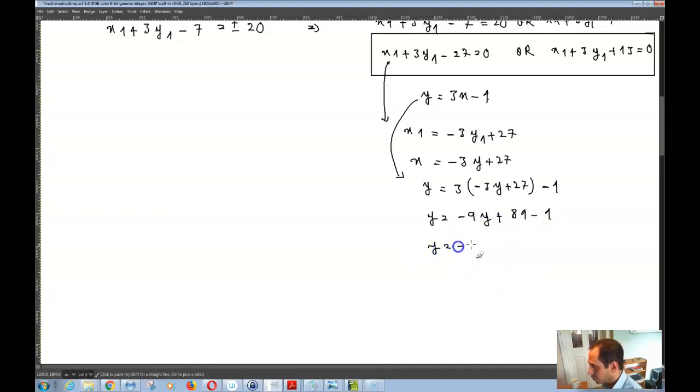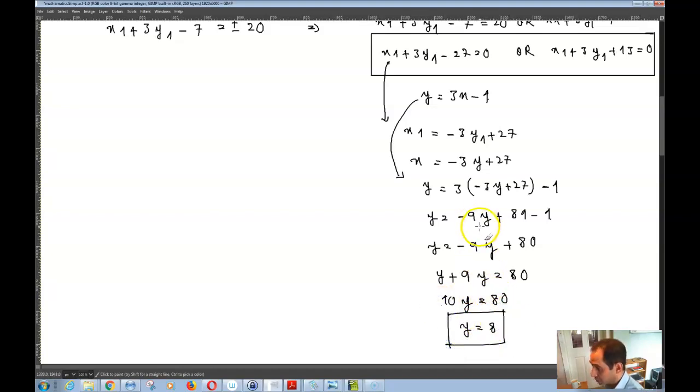So y is equal to negative 9y, and over here 81 minus 1 is equal to 80. I'll take this to the other side: y plus 9y is equal to 80. That means 10y is equal to 80, and y is equal to 80 divided by 10, which is equal to 8. Your y is equal to 8.